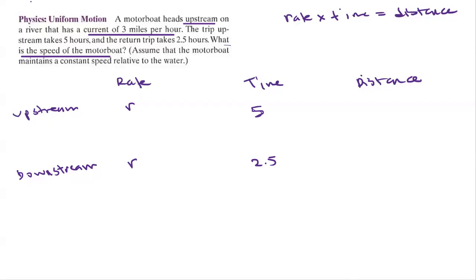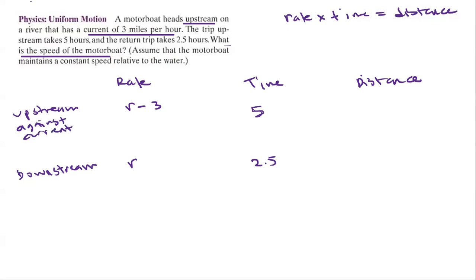What do you think? Subtract, right? Because we have a certain rate, but since we're going against the current, it's going to slow us down. So we're going to subtract from our rate. So it's going to be r minus 3, because we're going against the current.